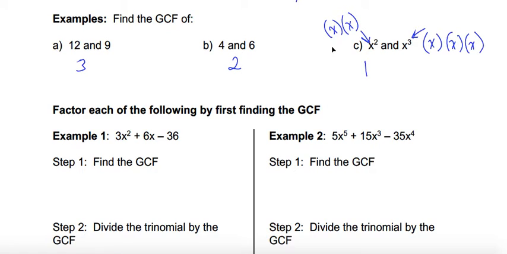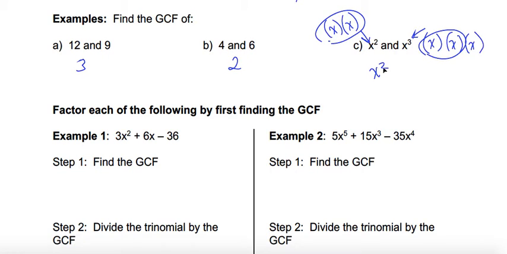So x squared has 2 x's and x cubed has 3 x's. So the greatest common factor is actually going to be x times x, which in this case is x squared. That's important to remember. Sometimes it could be an actual variable, because x squared divides evenly into x to the power of 3.